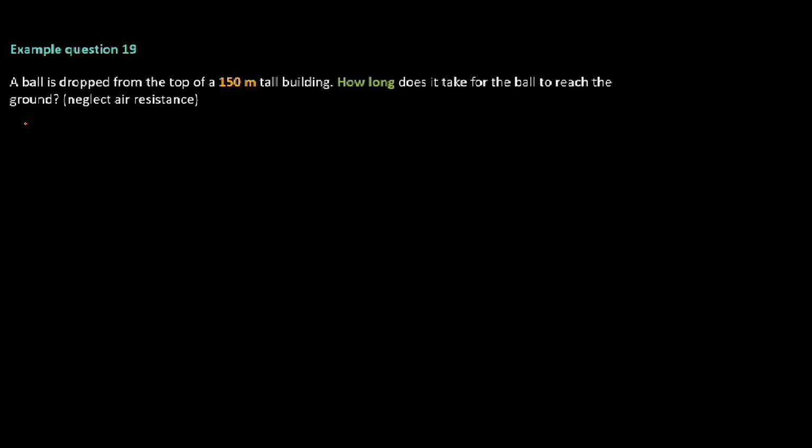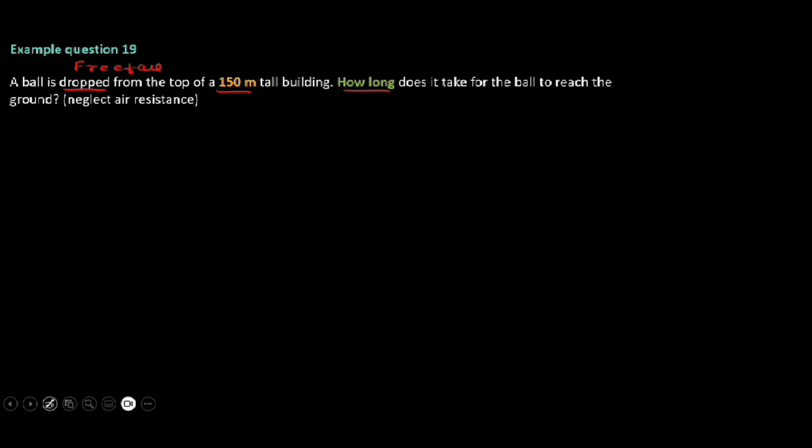Example question 19. A ball is dropped from the top of a 150-meter tall building. How long does it take for the ball to reach the ground? Neglect air resistance. The question says the ball is dropped. Drop means again we are considering free fall motion.